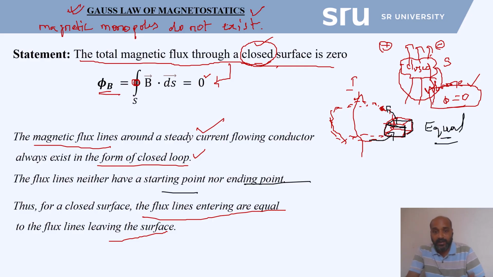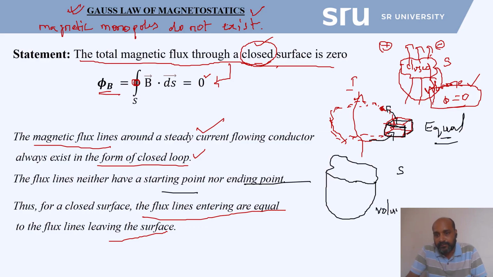We will try to understand this with Gauss law of electrostatics. You can see my previous video there. Let this be a closed surface, and the surface is enclosing some volume V. This surface is also enclosing some charge Q. Now this charge Q produces electric field lines in all possible directions, and some field lines pass through the surface.